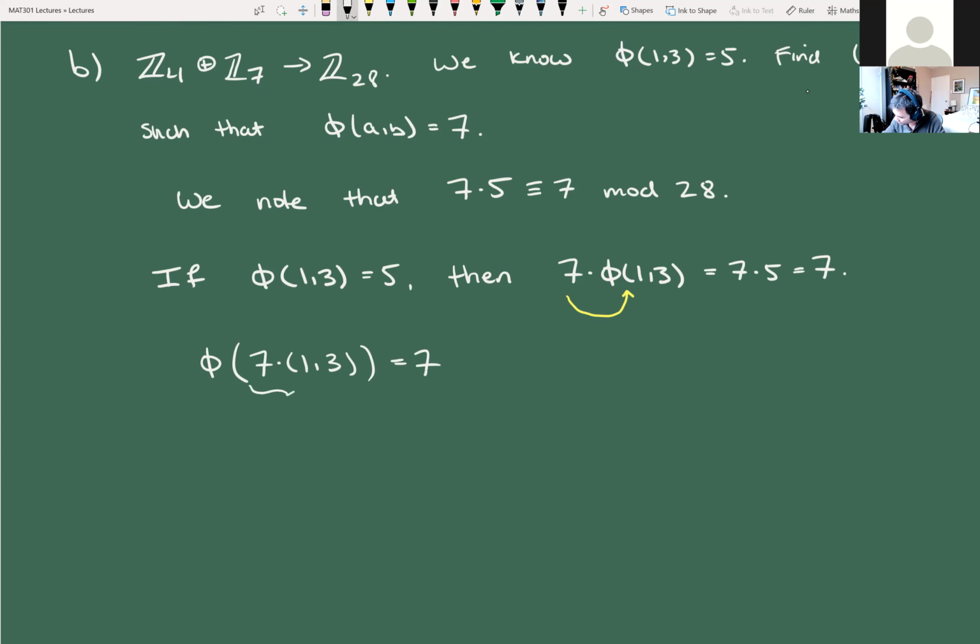And so what is this thing in Z4 cross Z7? Okay, what is 7 times 13?